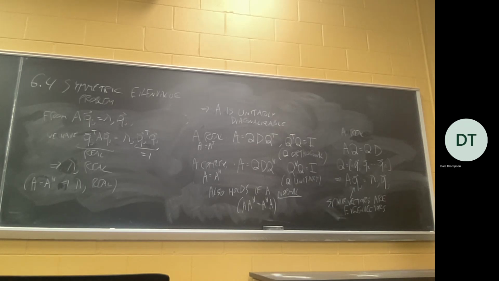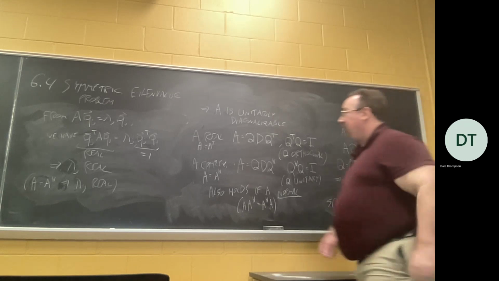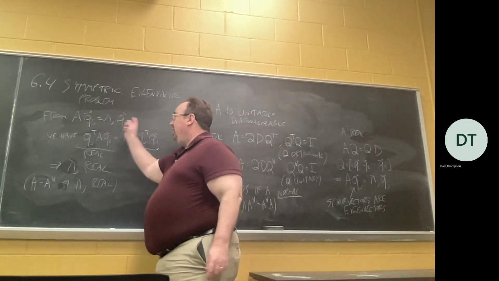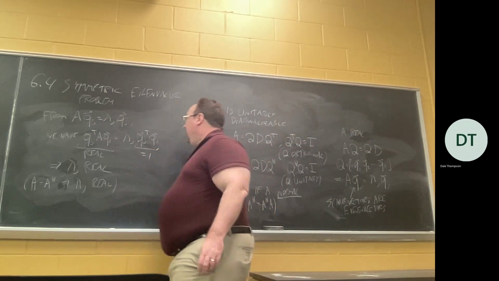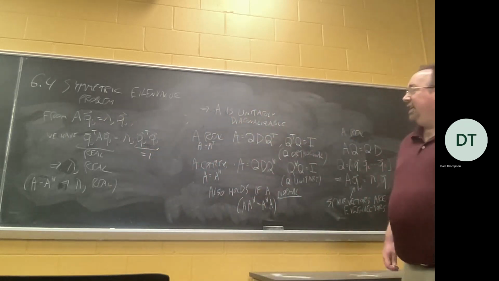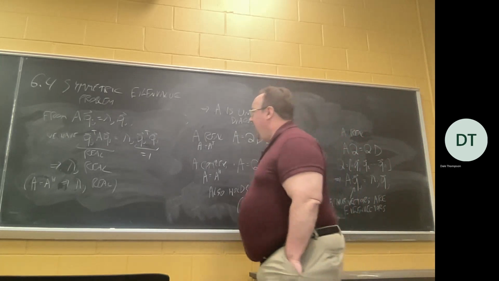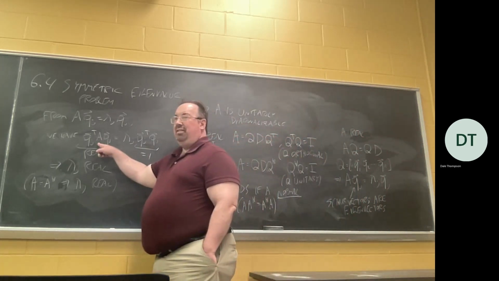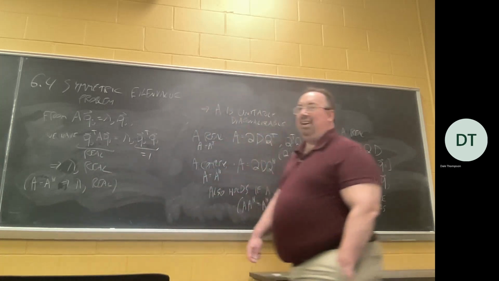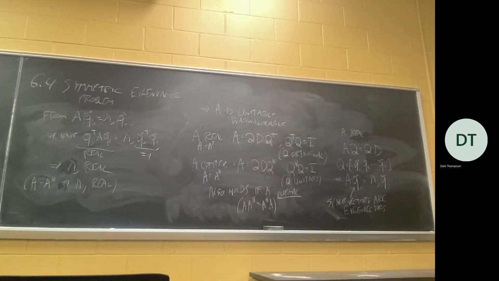And then what I do in the notes is I look at this equation, the case again where A is either real or complex, and take the inner product with Q_j. I show that this is real. Therefore, the eigenvalue must be real. So it all works whether A is real and equal to its own transpose, or A is Hermitian complex and equal to its own Hermitian transpose.